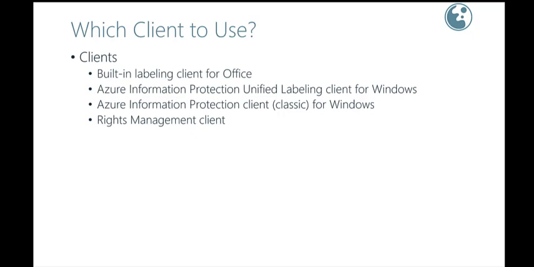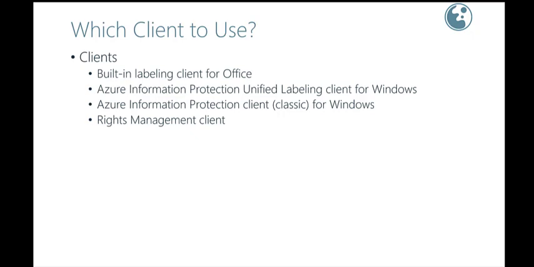These two clients, the Unified Labeling and the classic client, they are installable clients, which also makes it available to protect existing files on your clients. You can right click on files in File Explorer, for example, and you can apply protection directly.